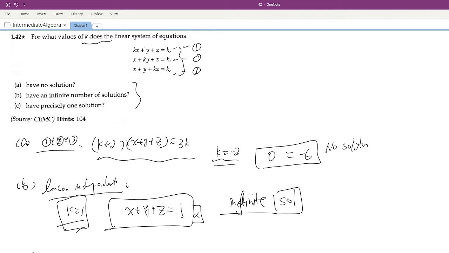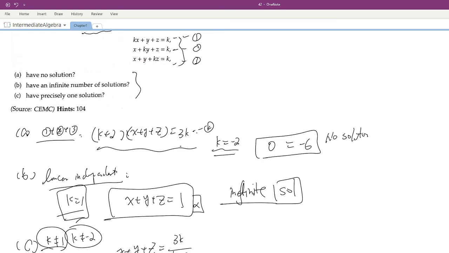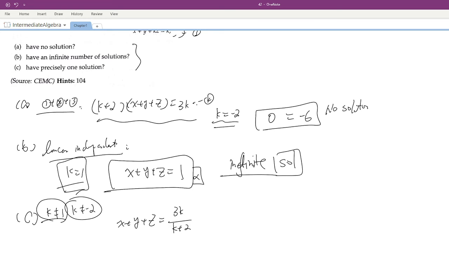For C, it means k cannot equal 1 and k cannot equal negative 2. Now we can solve it, right? From this, we know x plus y plus z is equal to 3k over k plus 2, right? So if we apply it to equation 1, you can see kx plus y plus z equals k, right?